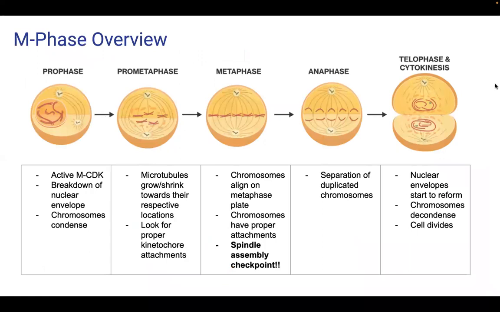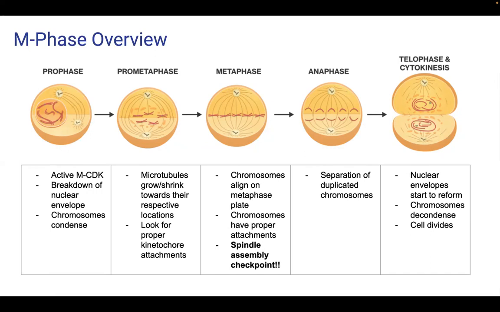So here's just a quick little overview of M phase. In prophase, that's when MCDK is active. There's a breakdown of the nuclear envelope and the chromosomes condense. In prometaphase, the microtubules grow and shrink towards their respective locations, and it's looking for proper kinetochore attachments.